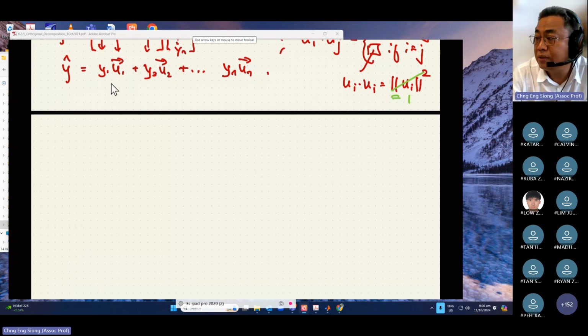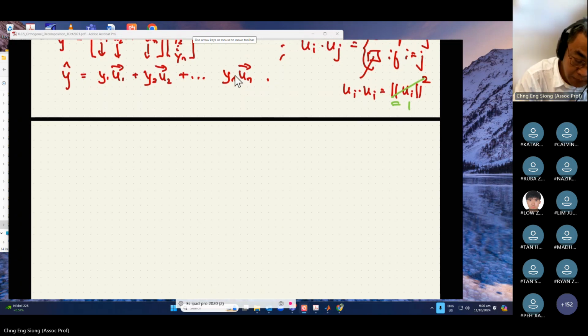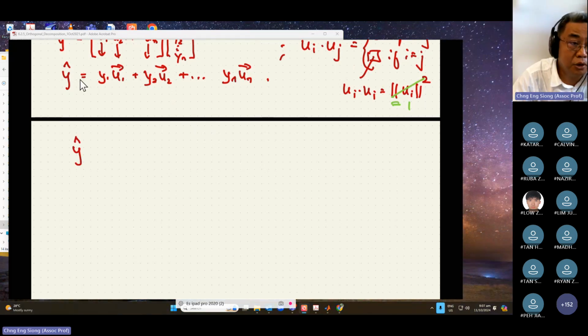What is the unknown? In this equation, the u's are given. Let's assume that y hat is given. Then the only unknowns are y1, y2, yn. Let's try. If I take y hat and dot product with u1, what will happen?